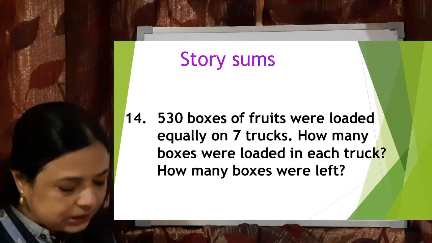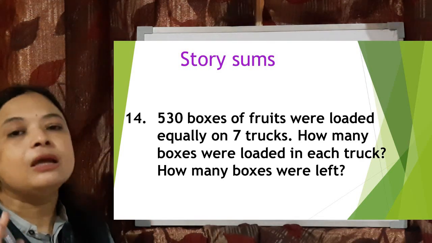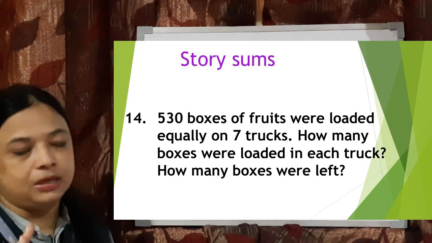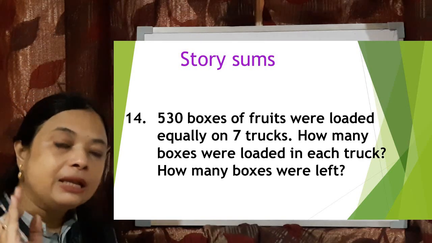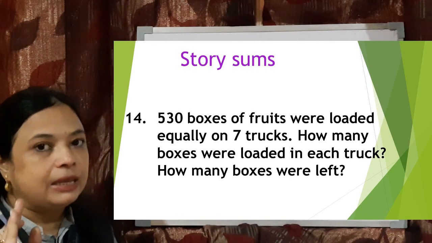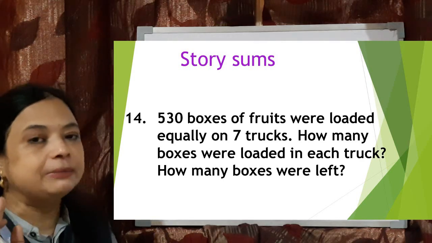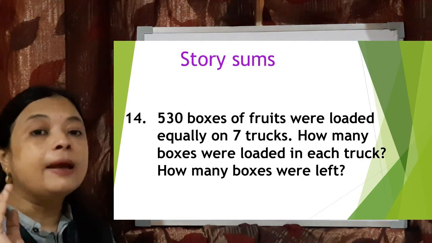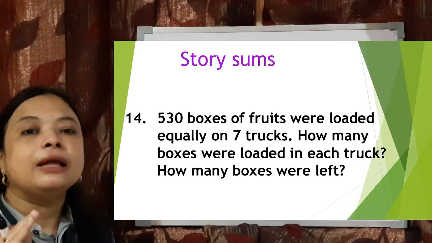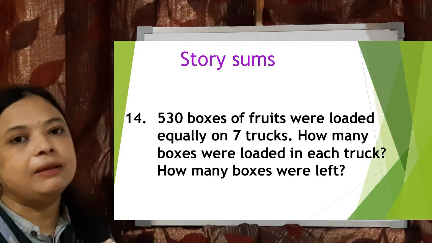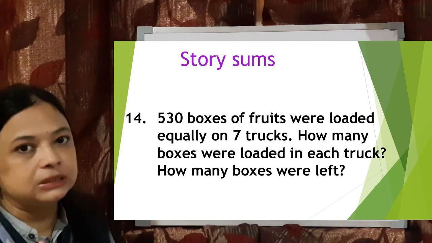How many boxes were loaded in each truck? मतलब एक ट्रक में कितने बॉक्सेस रखे? अभी एक ट्रक में बॉक्सेस रखने के बाद, 530 बॉक्सेस 7 ट्रक्स में रखने के बाद कितने बॉक्सेस लेफ्ट ओवर हैं, वो हमको फाइंड आउट करना है. That means यहाँ पे हमारा रिमाइंडर 0 नहीं है, हमारा रिमाइंडर more than 0 है.